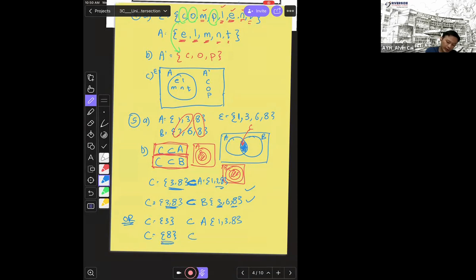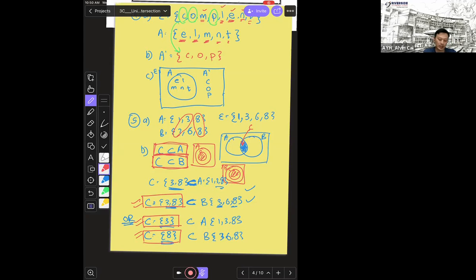If we are using an 8, this is also a proper subset of 3, 6, and 8. So if I highlight once again, there are three possible answers. First answer is 3 and 8. Second answer is just 3 itself. Third answer is just the 8 itself. So all these are okay, possible answers.